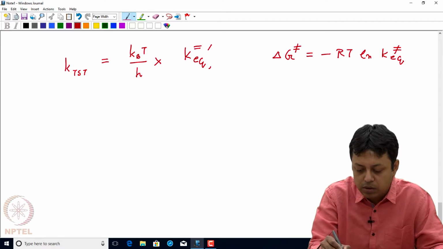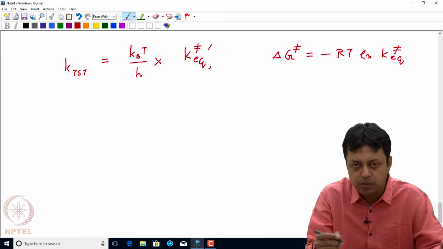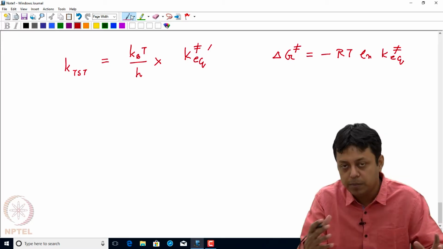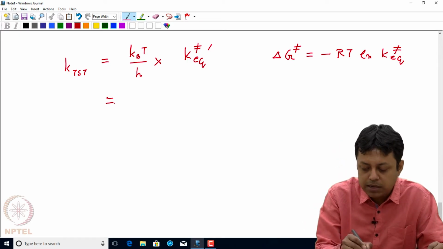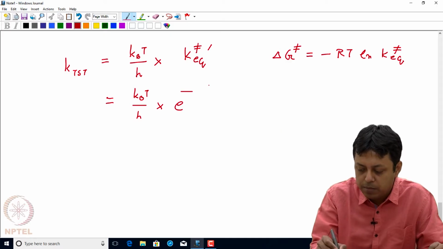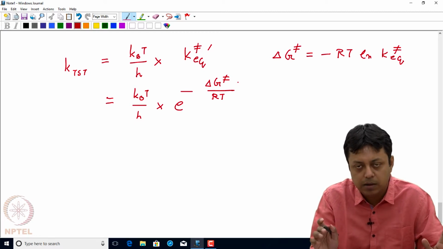So this is K equilibrium dagger with a prime sign, which denotes basically equilibrium between the reactant and the transition state. Now if we just write it, we can easily get the expression as e to the power minus del G dagger by RT, remembering that del G dagger has 1 degree of freedom less.